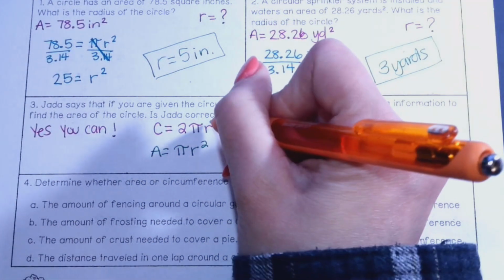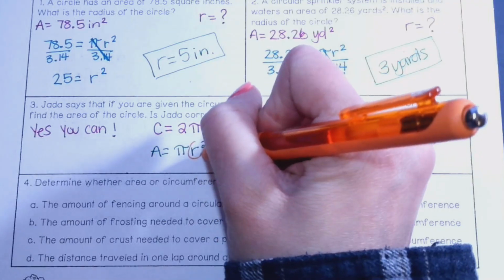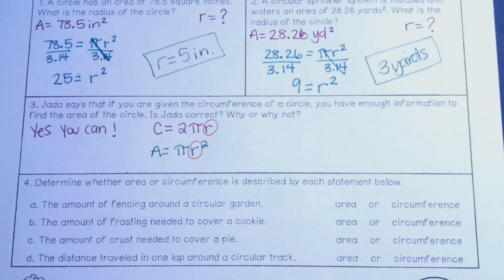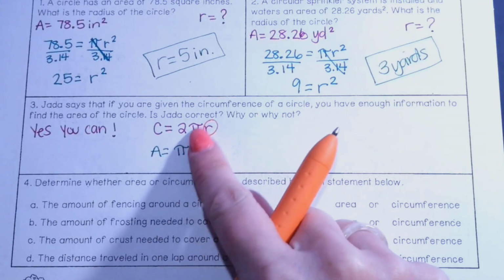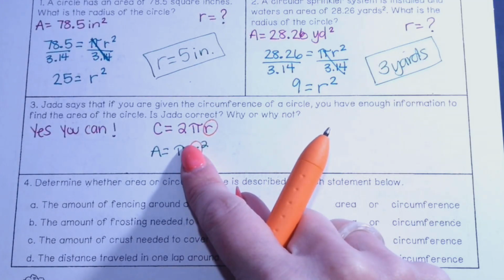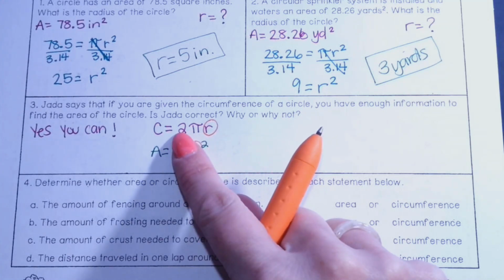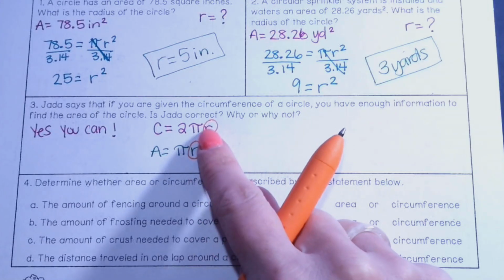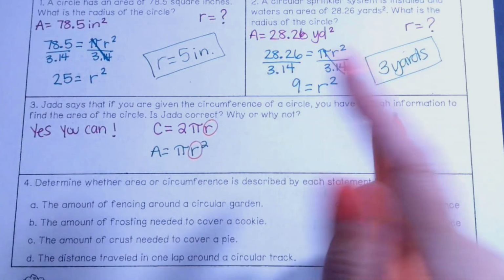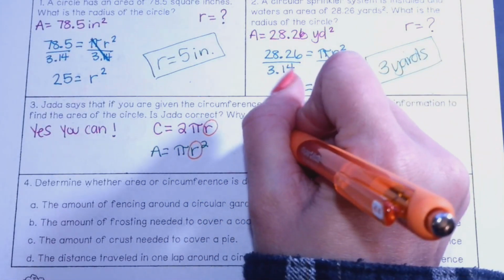The thing that they have in common is radius. But that's not the only thing. They both contain radius, but that is also the only value that they contain together. That's the only letter. We are using a number for pi, 3.14, and then circumference is multiplied by 2, and the radius is squared for area, but the only value we need to know to plug in is the radius.